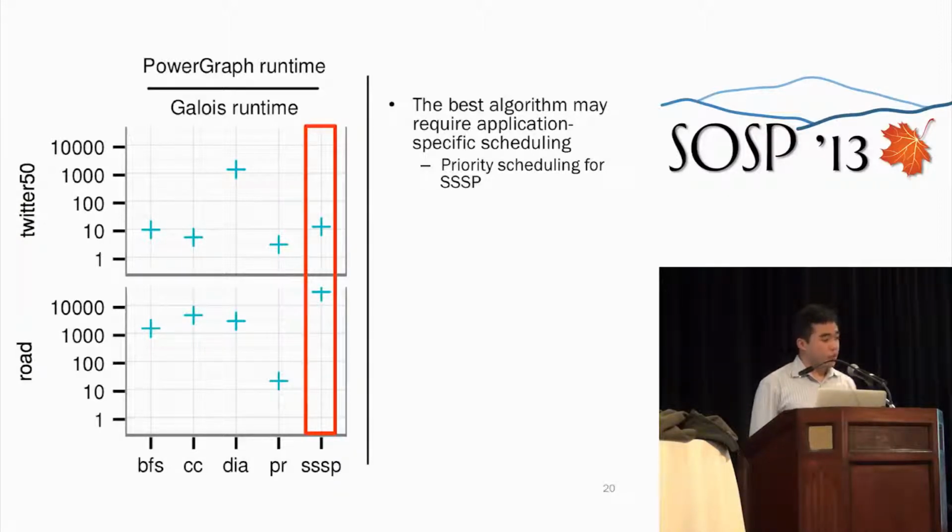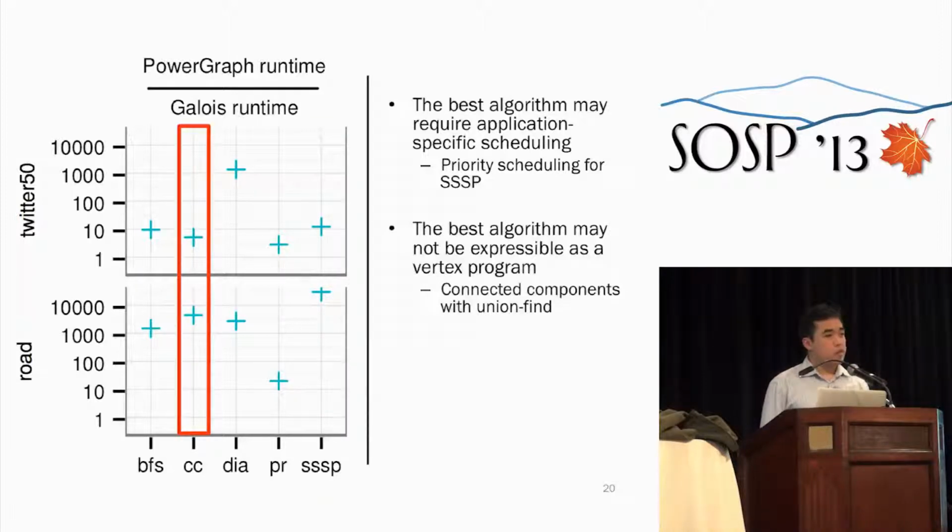That has a very direct impact on performance. Likewise, for connected components, the best algorithm we've found to solve the connected components problem uses a union-find or disjoint set data structure. That data structure is not a vertex program. Therefore, again, we see this issue where supporting a more general programming model allows you to write a better program.